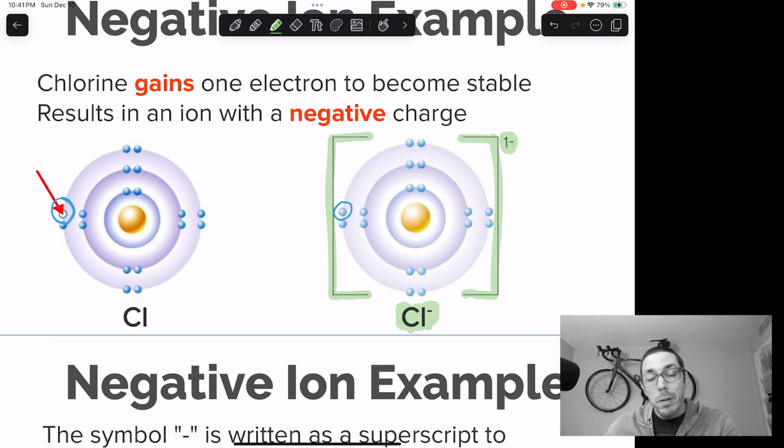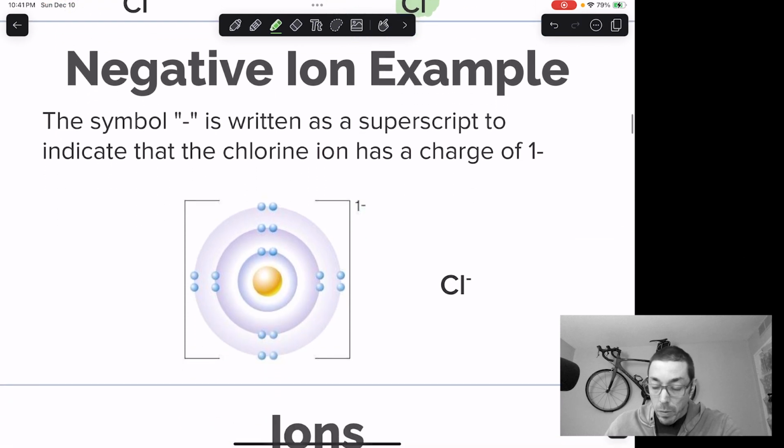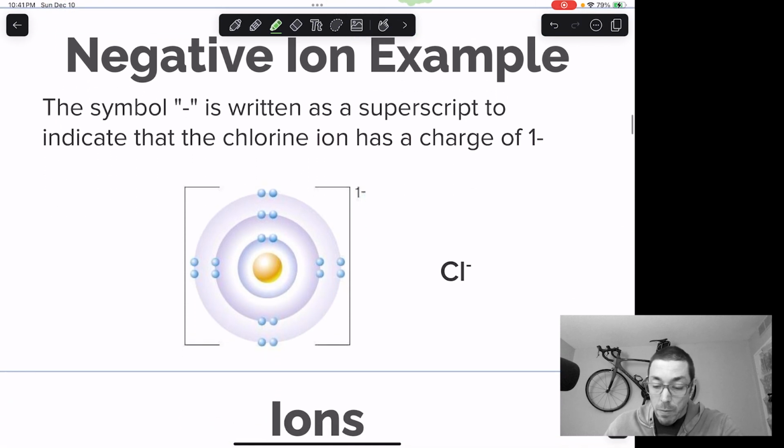And then the ones over on the right side of the table are getting close to filling their valence shell, so they almost always add 1 or 2 or 3 extra electrons to fill their valence, and that's going to make those elements always negatively charged ions. So there we have the summary for chlorine 1-.